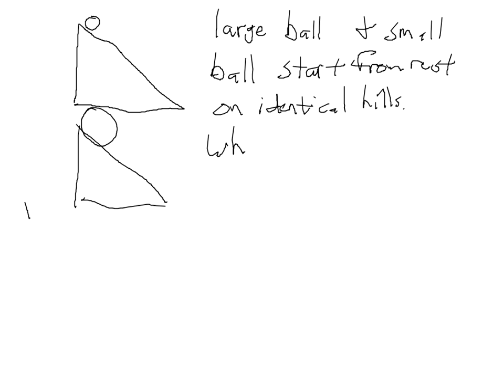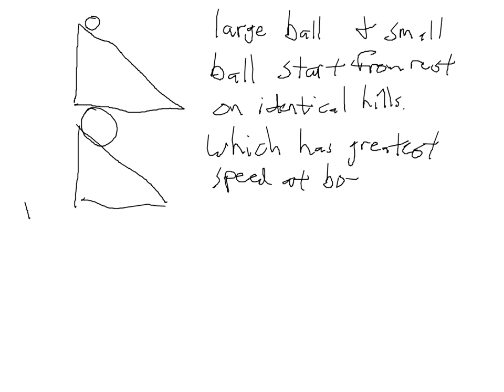Okay. And then the question is which has the greatest speed at the bottom. I recommend you pause and think about it for a moment. And then when you're ready to hear the answer, I will tell you. Okay, are you ready?